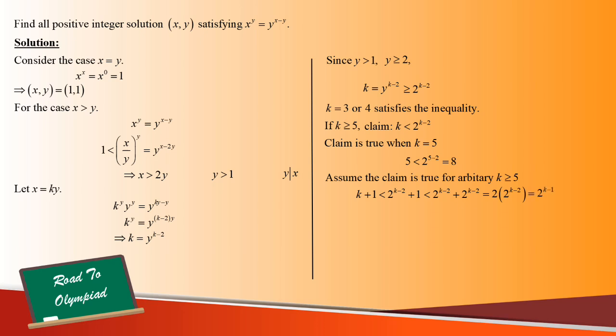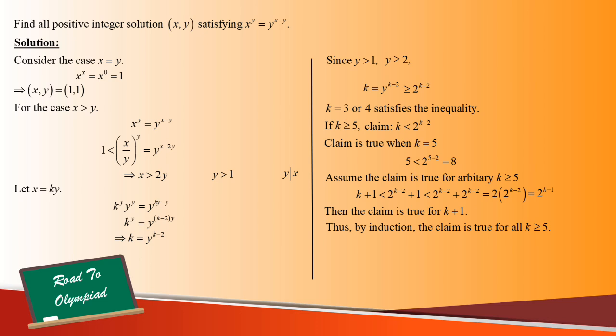Thus, the claim is true for k plus 1 as well. And hence, by induction, the claim is true for all k greater than or equal to 5. Therefore, the only integer solutions for k in which the inequality is satisfied are k equal to 3 and k equal to 4.